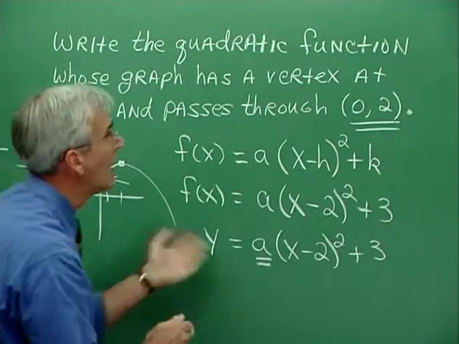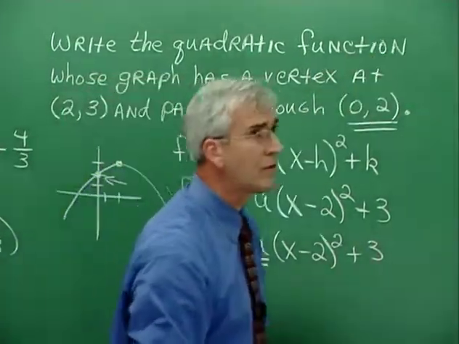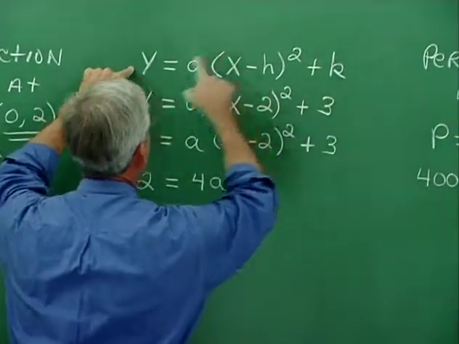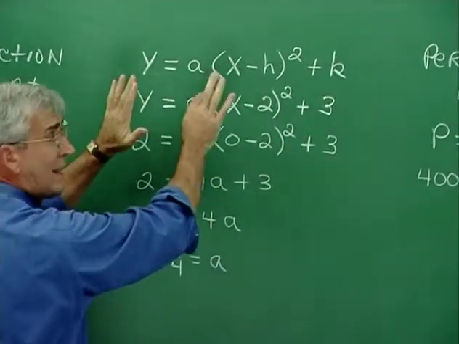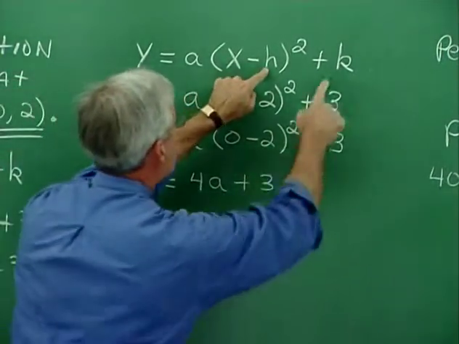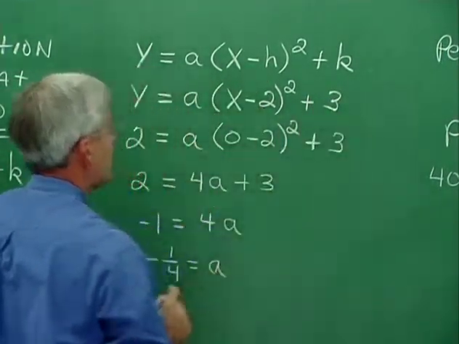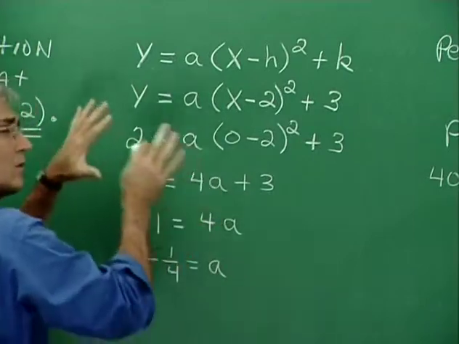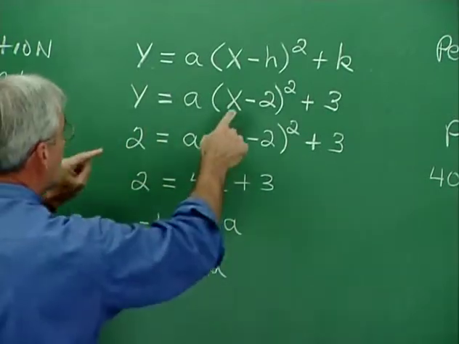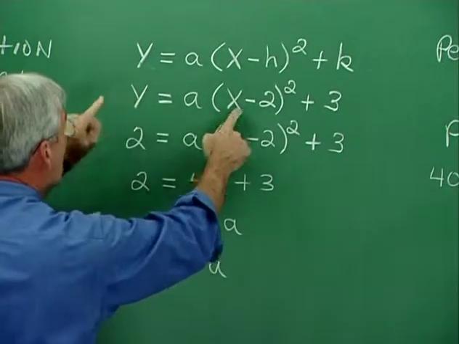So let's do that. I've gone through the problem up here. Here's what we start with. Notice I'm using the y form instead of f of x, just for manipulative purposes. Now the h and k are replaced with 2 and 3. Then we realize we're going through a point, so we use the coordinates of that point, (0, 2). So x is 0, y is 2.